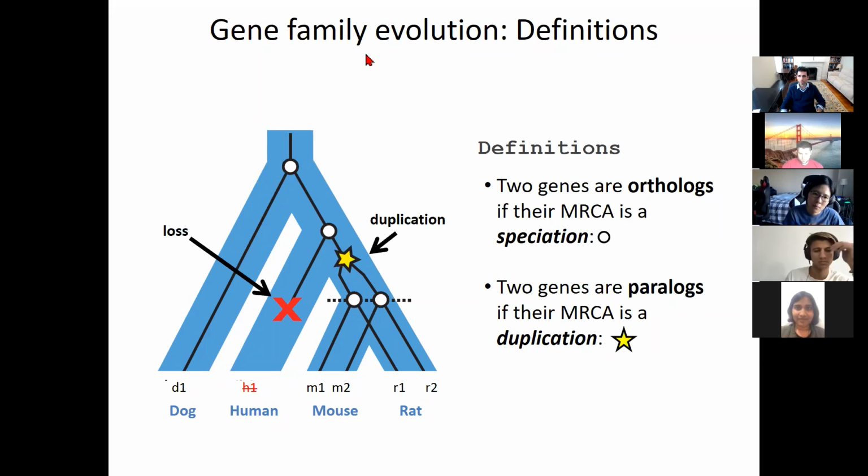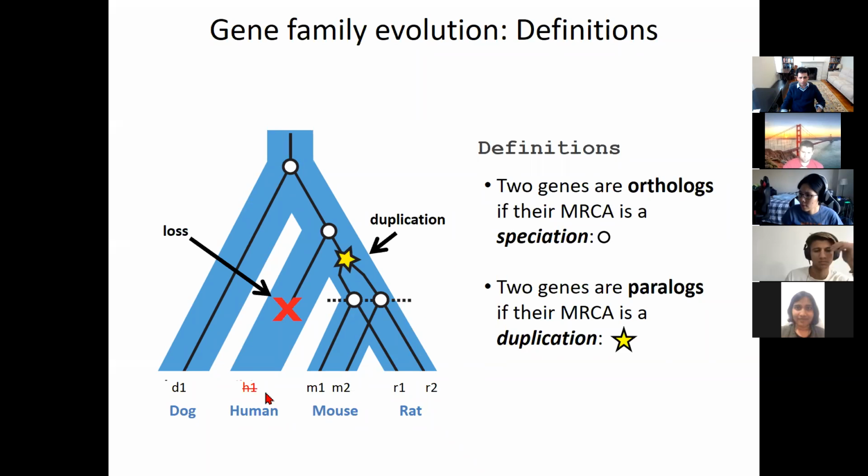Is everybody with me about how the context in which we're studying these trees is in fact impacting the interpretation for both duplication events, which have to affect all of the lineages subsequent to that duplication event, and also speciation events that have to affect all of the genes at that speciation event?